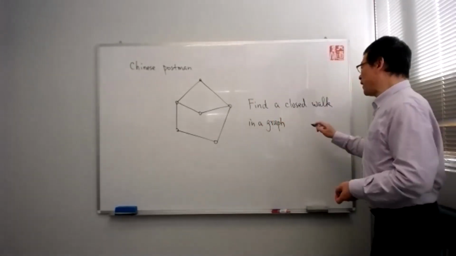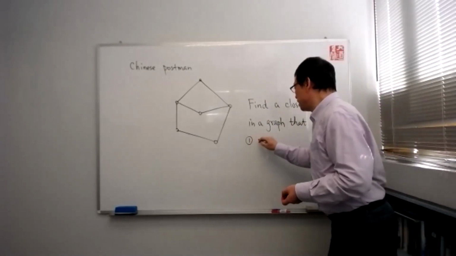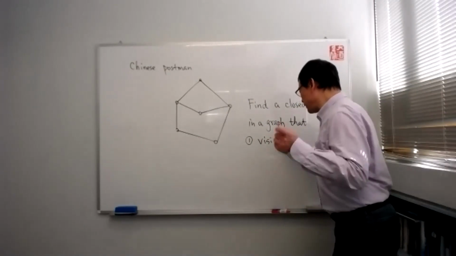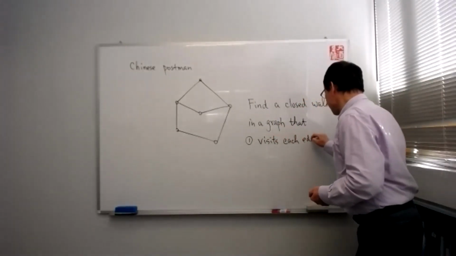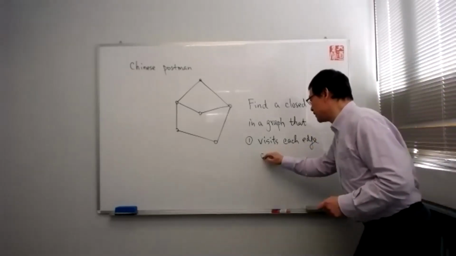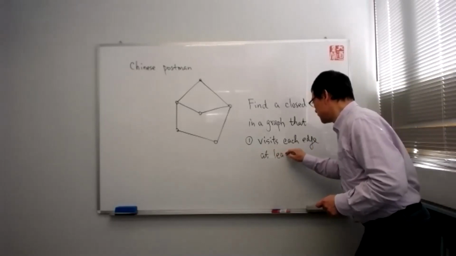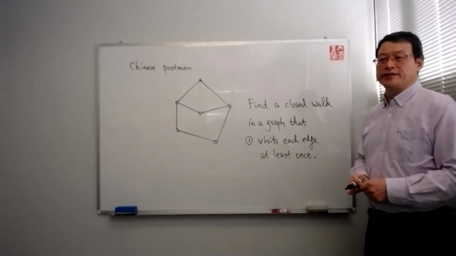All right, the two properties. One is that it visits each edge, now at least once instead of exactly once, because sometimes it's impossible to get exactly once.